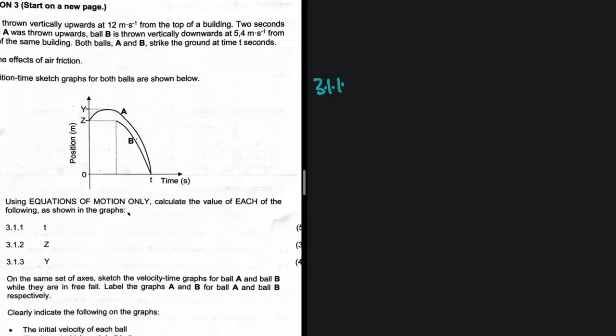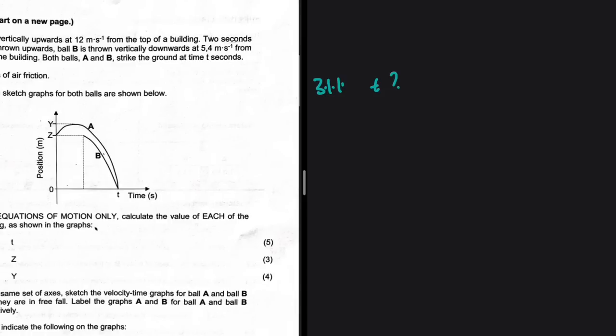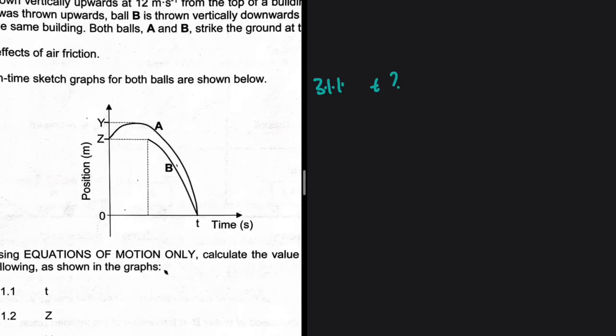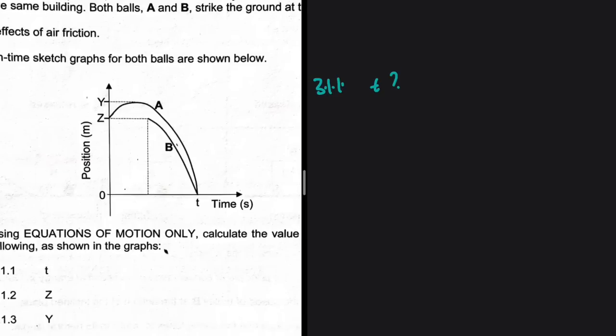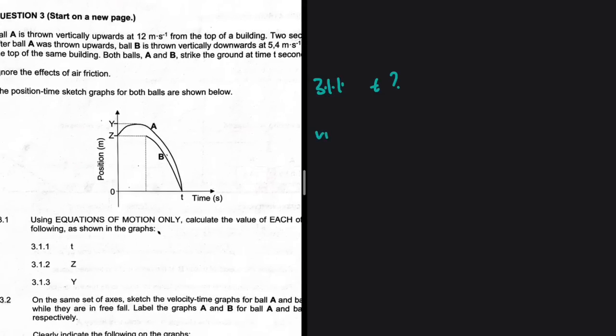In 3.1.1, we are looking for the time t, the time at which the two balls strike the ground. Let me just see the marker location. It's 5, so it seems like we might need to do a bit of work there. If I concentrate on ball A, the initial velocity, taking up as positive, is 12.